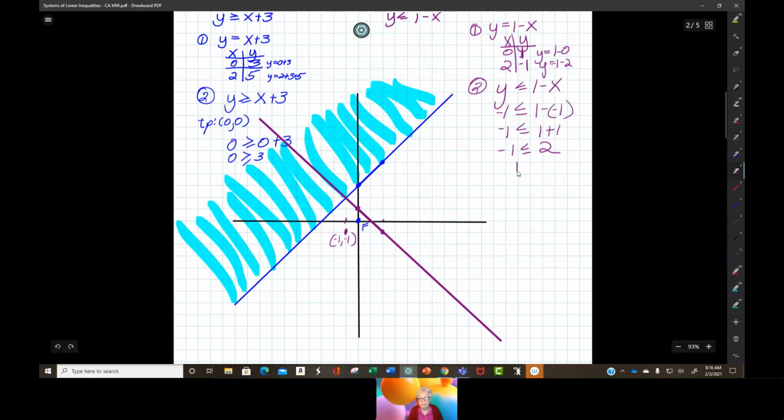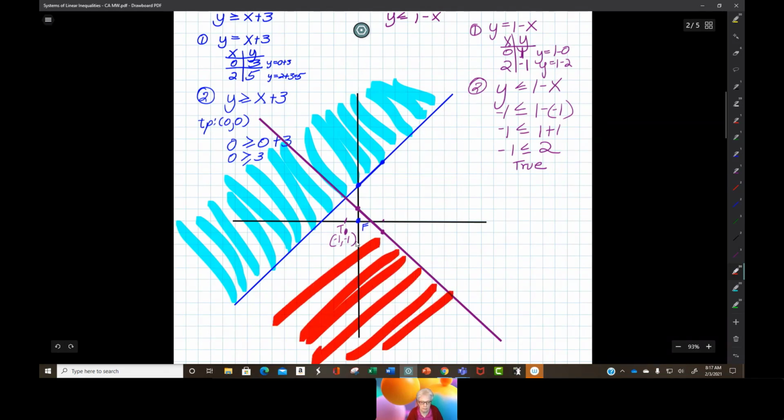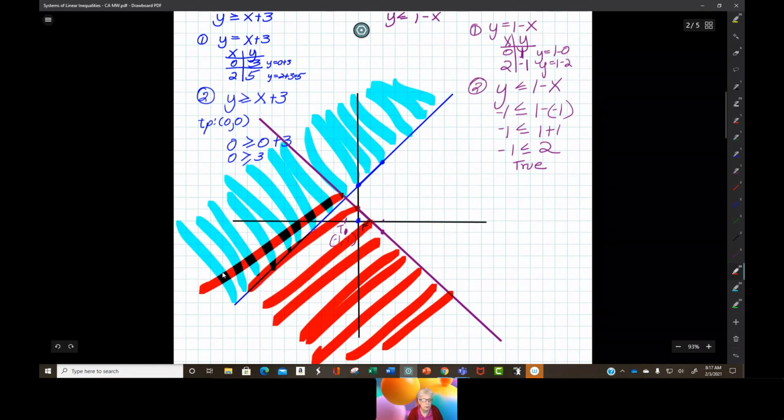So this is a true statement, which means for the violet, it's actually a violet line, we're going to shade on the true side because we have a true. There. Okay. Red and violet simply do not go together, but that's pretty cool.